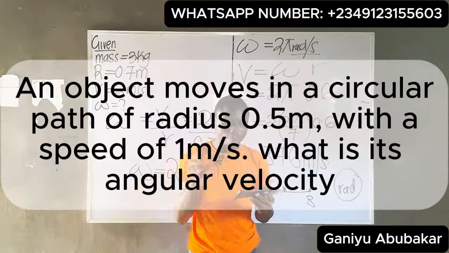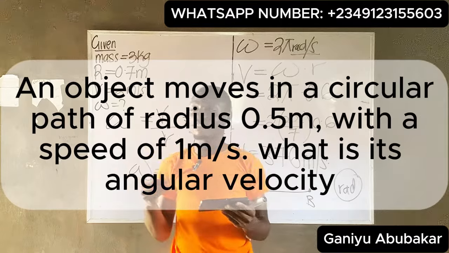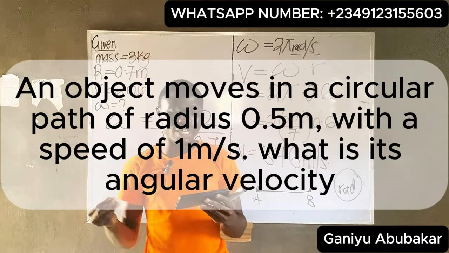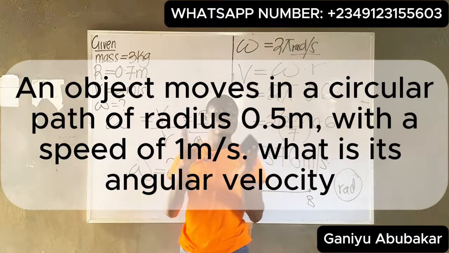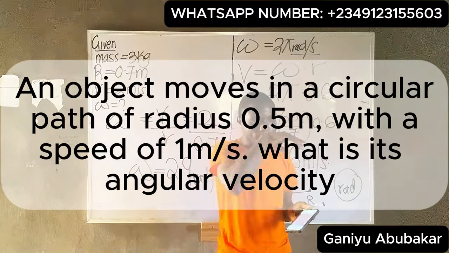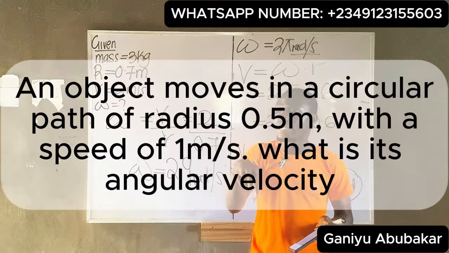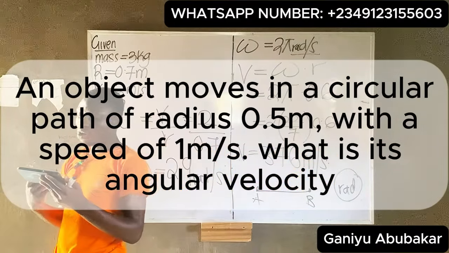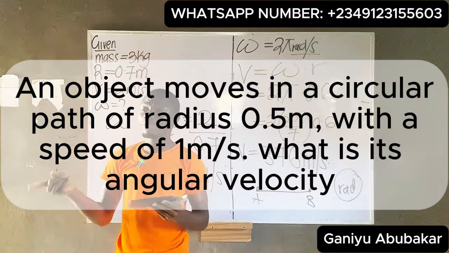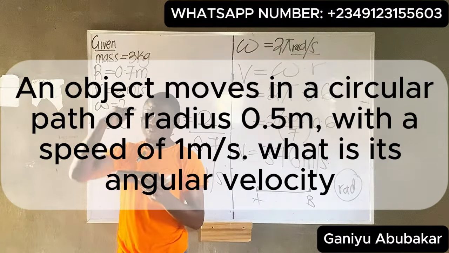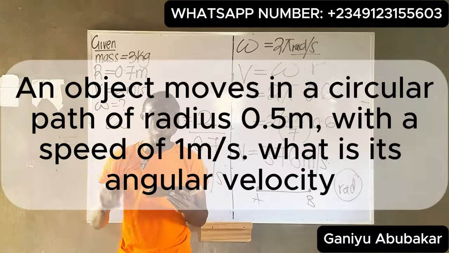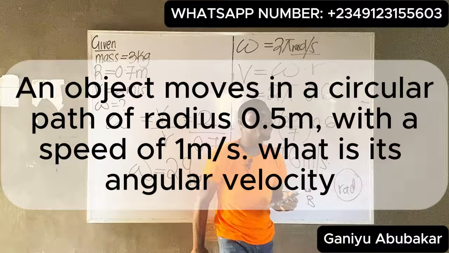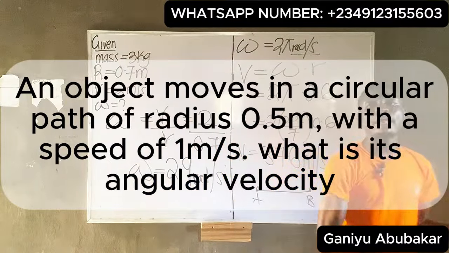An object moves in a circular path of radius 0.5 meter with a speed of 1 meter per second.